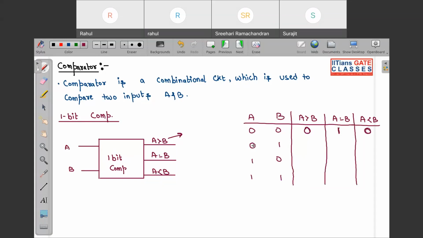In this case, A is less than B, so this will be 1, remaining all 0.